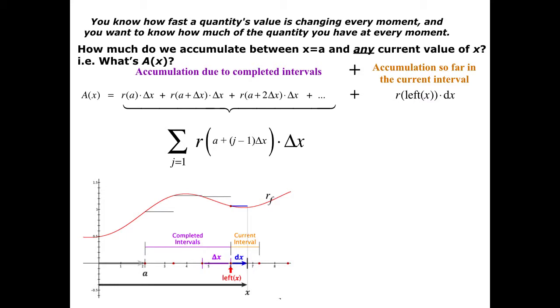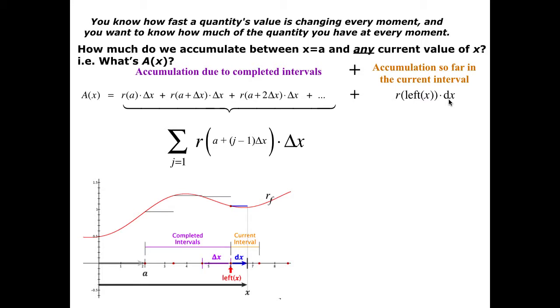So what I'd like to have here, we're going to make one last change to this, aside from entering in the details of where I stop my sum. I'd like this a of x to only have one variable. And remember that x and dx are both variables. I don't want to have two variables in this. Right now we have lots of symbols, but a is a parameter, r is a function, delta x is a parameter, x is a variable, left is a function, but dx is a second variable.